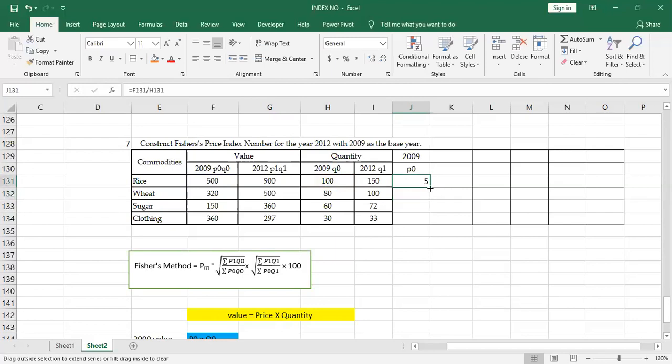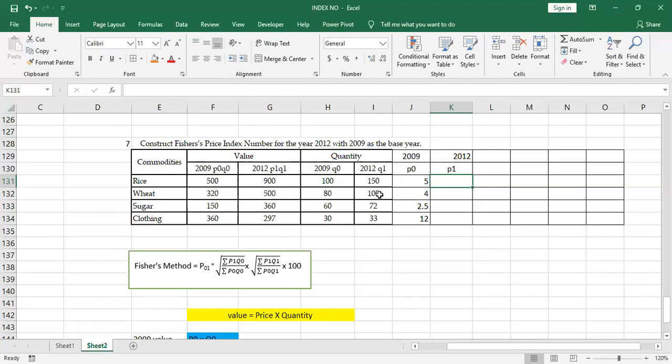So I'll be dragging here. Next for 2012, I'll be finding out P1. How do you find out P1? P1 is P1 Q1 divided by Q1, that is value divided by quantity. Base year value should be divided by base year quantity, and current year value should be divided by current year quantity to arrive at the price of base year and current year.